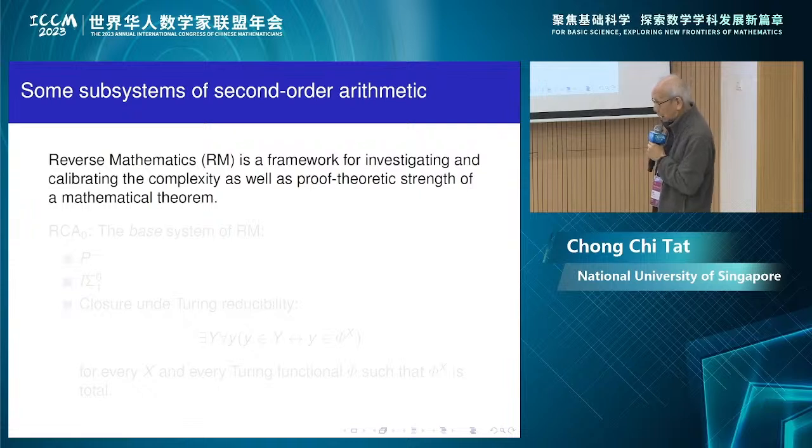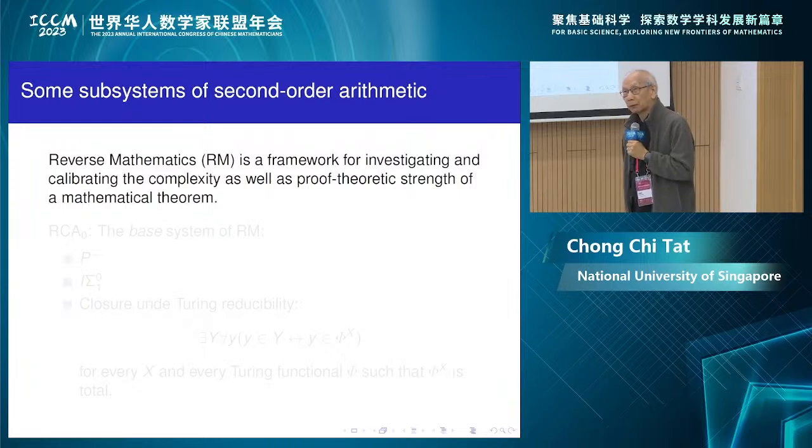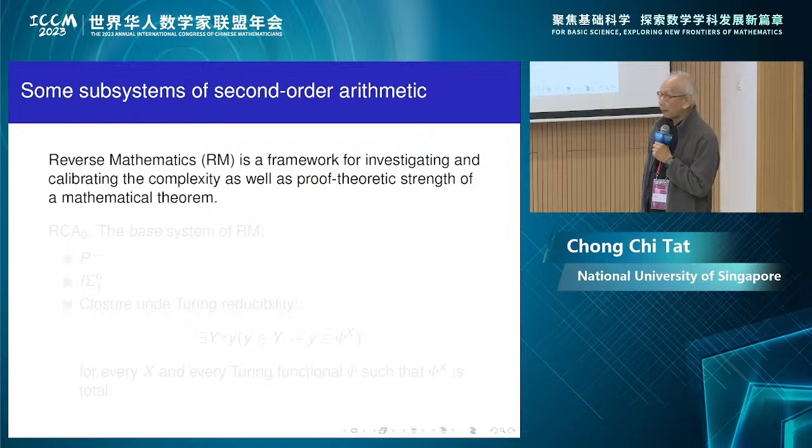And that hierarchy of arithmetic subsystems is in fact part of what is called the system of reverse mathematics. You may recall that this is Hilbert's program. Hilbert, in his 1900 address at the ICM, proposed 23 problems.